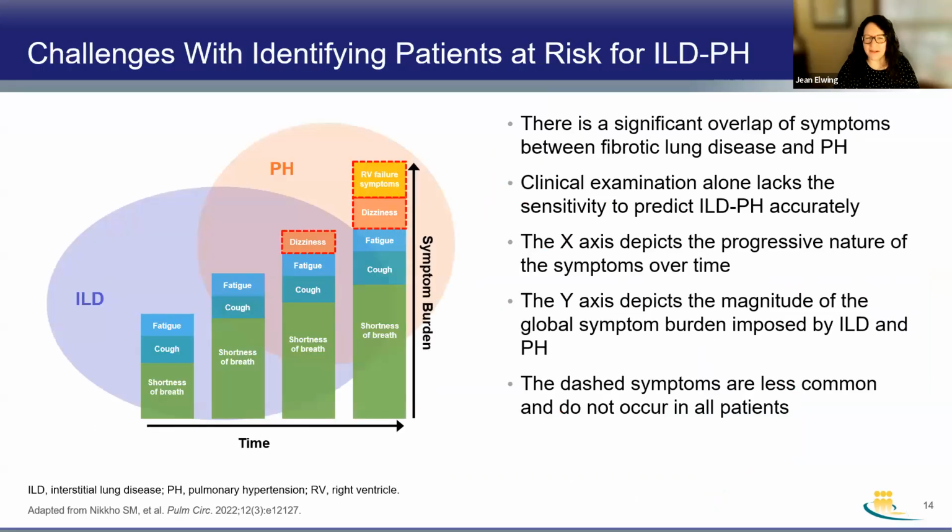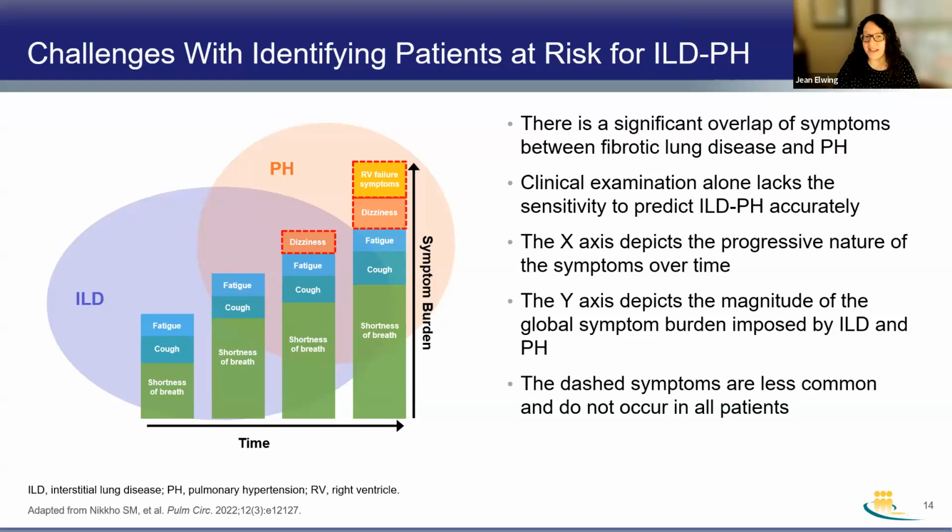So how do we do that? We have all these symptoms that are overlapping, and there's this complex interplay. But what I'd like you to look at here is this graph showing you the symptoms of ILD: initially you have fatigue, some cough, some shortness of breath, and those worsen. And then at some point, you change to have more of the pulmonary hypertension type symptoms.